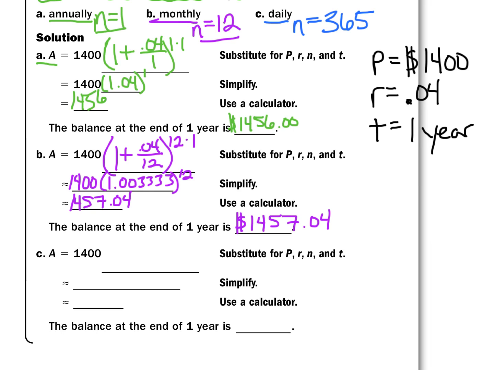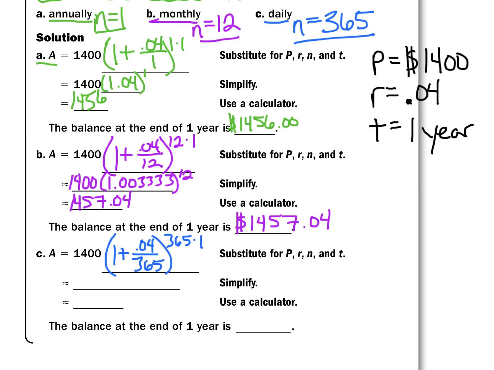Okay, and then the last one, so we're now going to compound daily, so n equals 365. So I adjust everything, 1 plus 0.04 over 365 raised to 365 times 1. And again, I simplify, starting by 0.04 divided by 365, and it's a pretty outrageously small number.